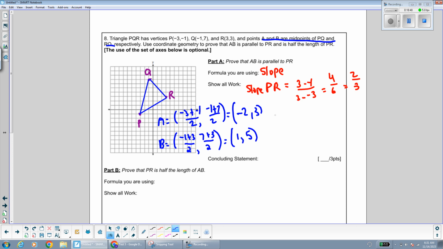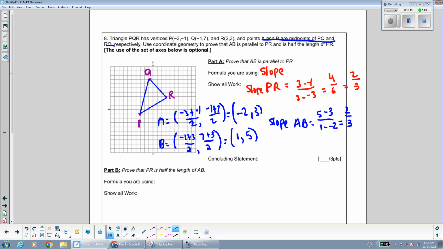Now I'm going to find the slope of AB so I can compare them. And we just found points A and B. So that is y2 minus y1 over x2 minus x1, which is also 2 over 3, which is what I wanted to happen because I'm proving that they're parallel. And guys, if they give you something to prove, it's always going to be true.